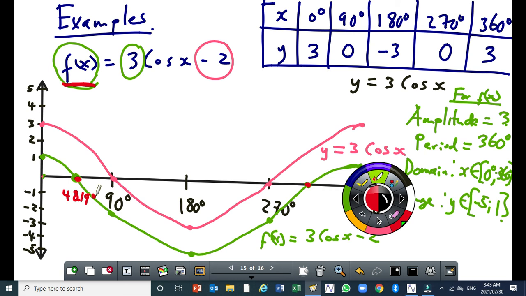Now, in which two quadrants is cosine positive? The first quadrant and the fourth quadrant. So it's the first and the fourth. So if you now know this value here, which is 48,19, using common sense, what will be the value of x there?